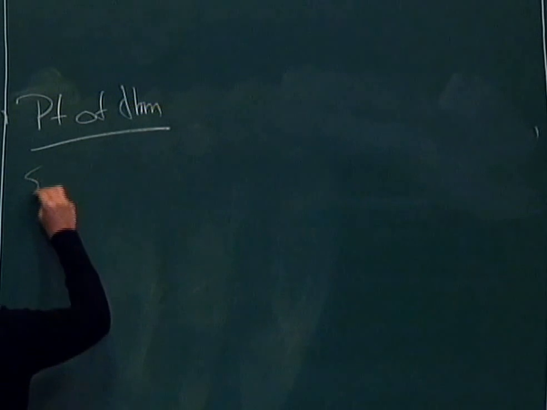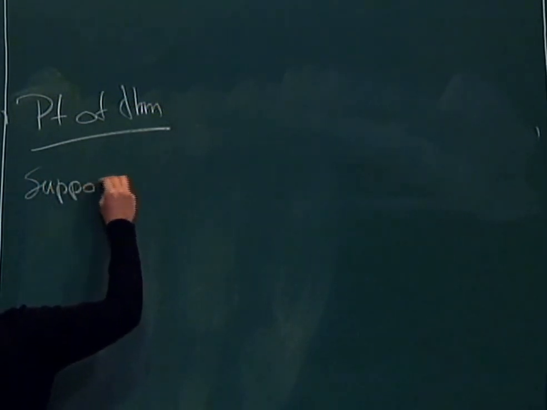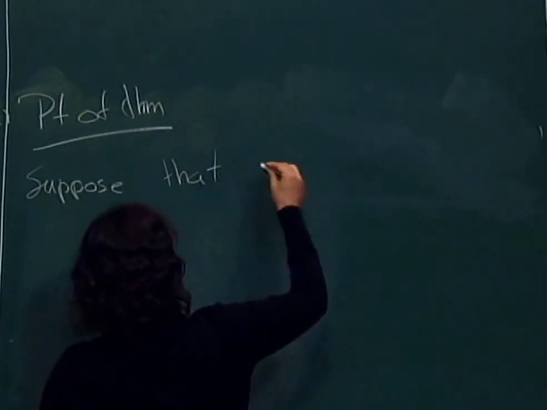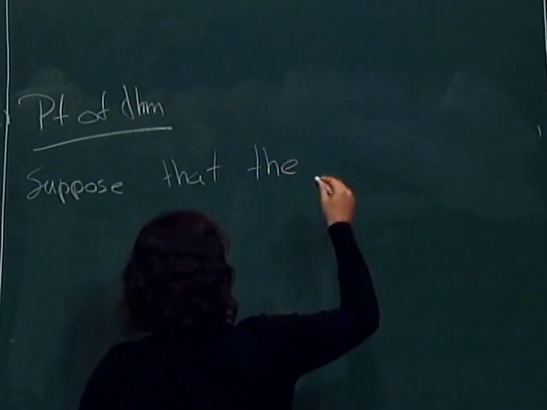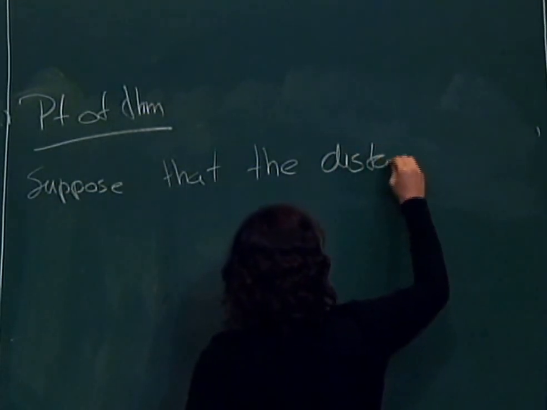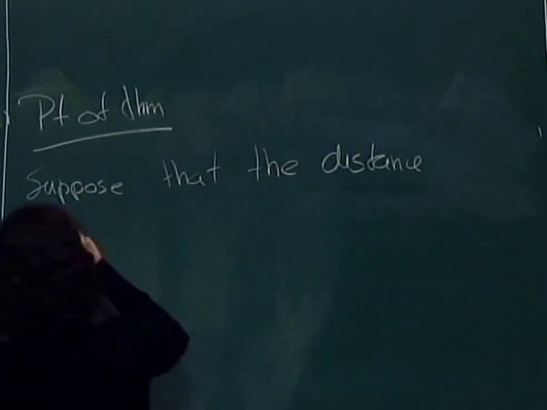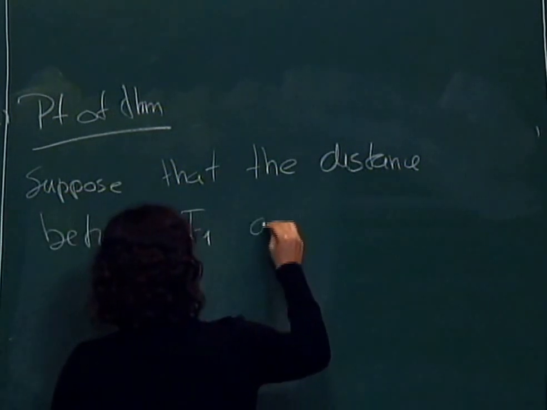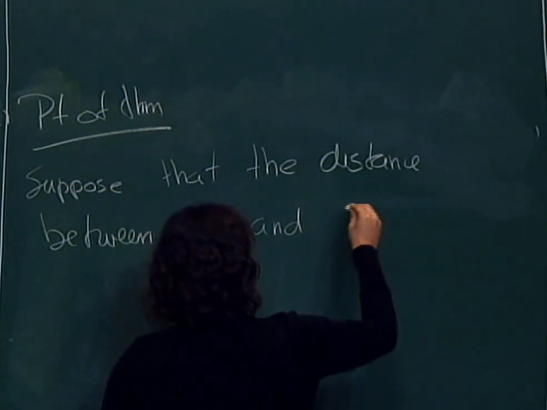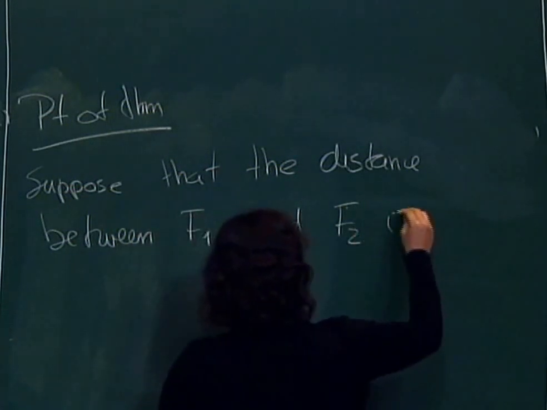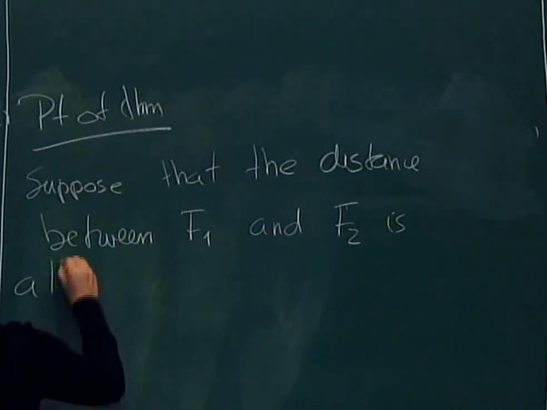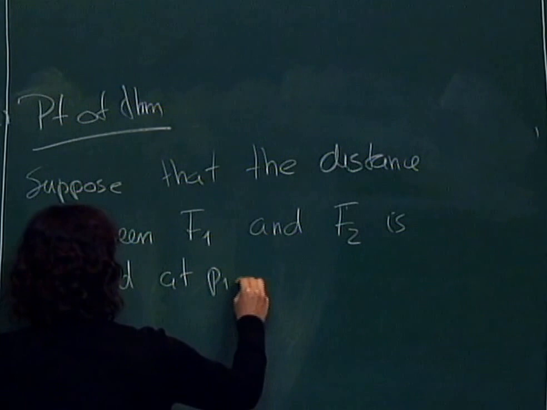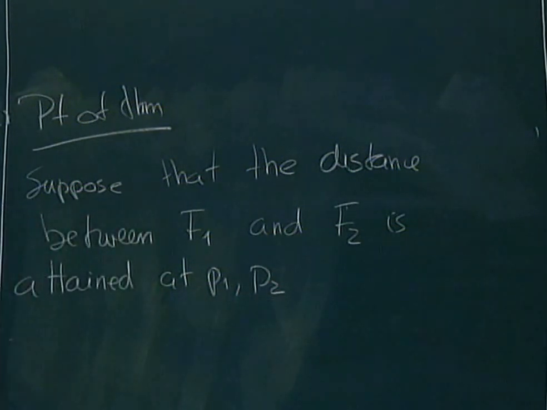But suppose that the minimum distance between F1 and F2 is attained at P1, P2, respectively.